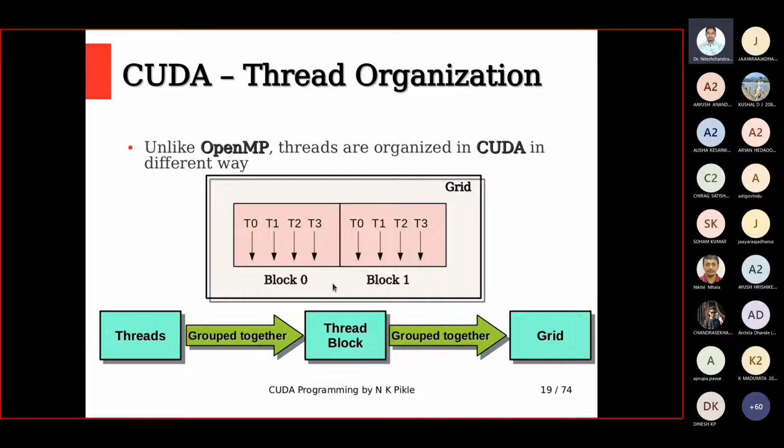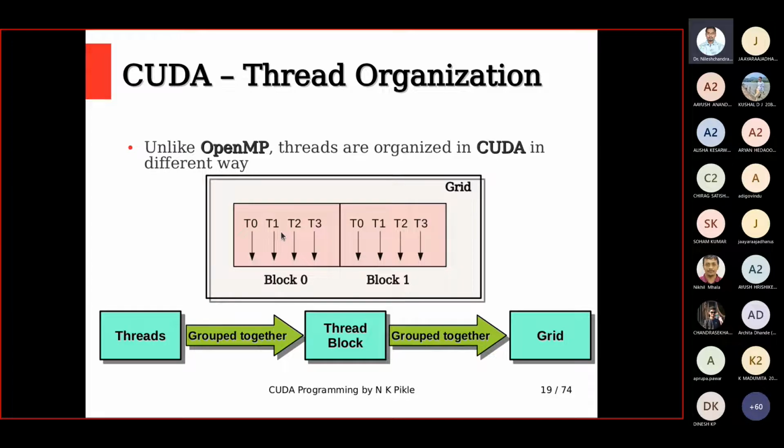And the block also has its own ID, and that also starts with 0, right? So let's say I'm referring to this thread. How can I refer to this? This is thread number 2 from block number 1. If I refer to this thread T1, I'll say this is thread number 1 from block number 0, right?